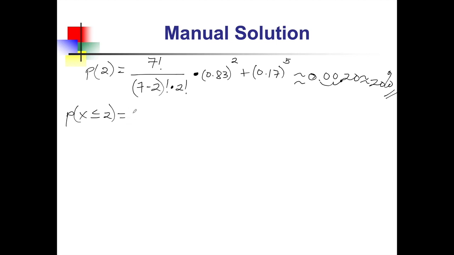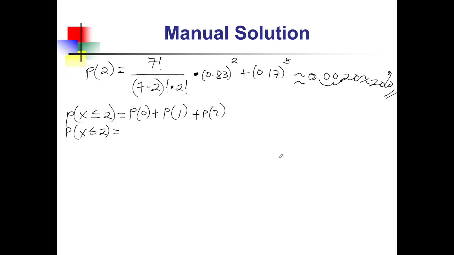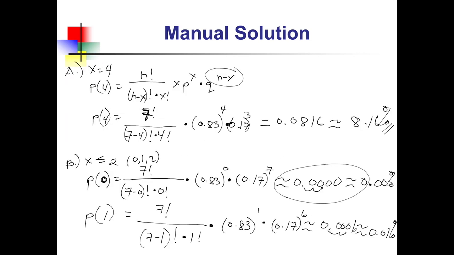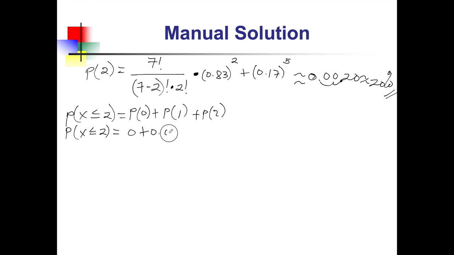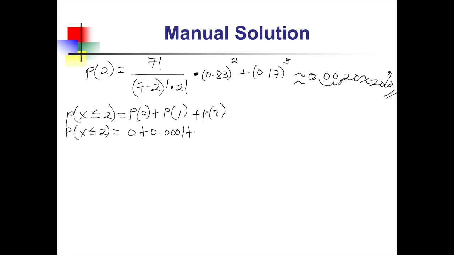Para makuha yan, basically, ang gagawin lang natin is P of 0 plus P of 1 plus P of 2. And this is equivalent to, probability of x less than or equals to 2 is equivalent to, ano yung P sub 0? 0.0000. Walang value. Plus P sub 1. Kunin natin yung nakadecimal muna. Sa dulo tayo mag-percentage. 0.0001 plus P sub 2, which is 0.002.